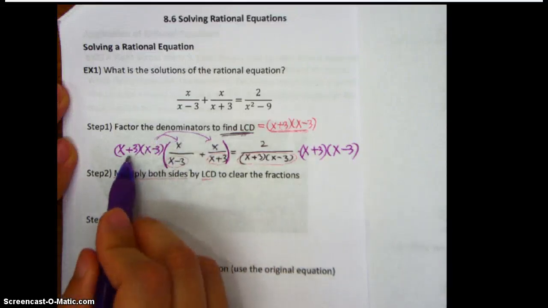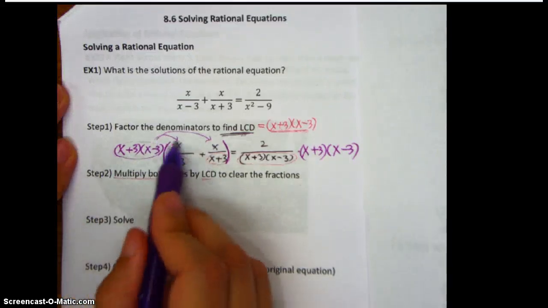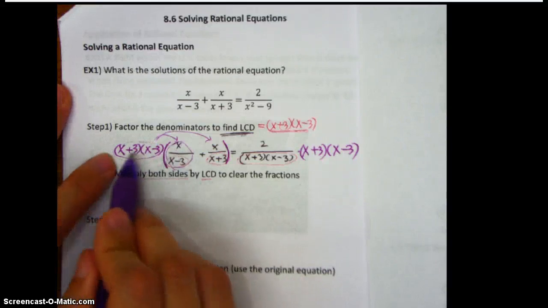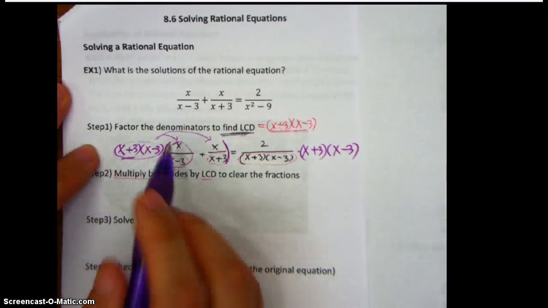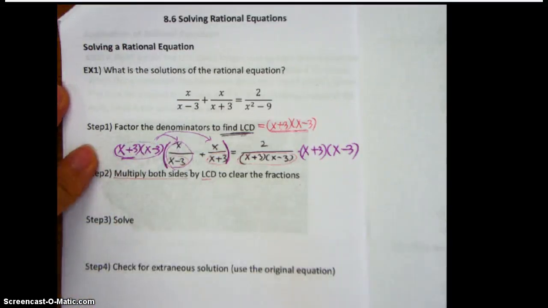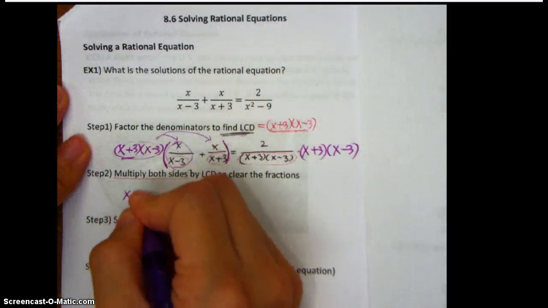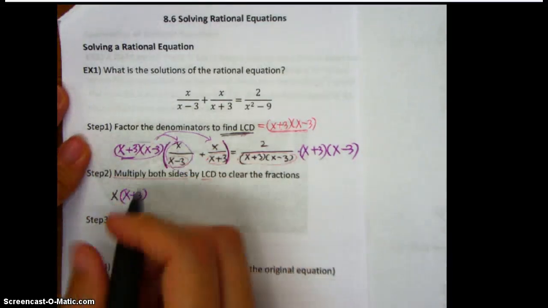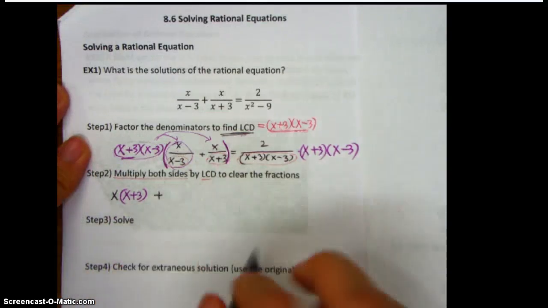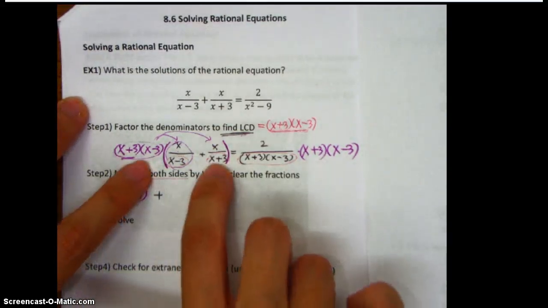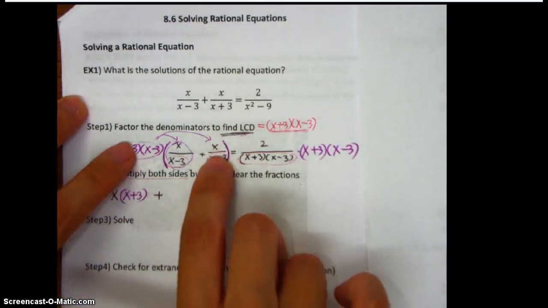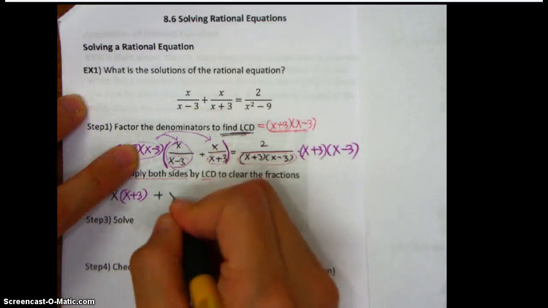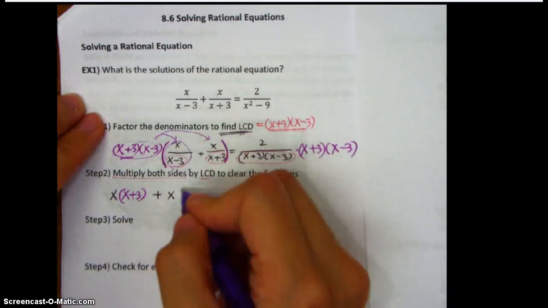This times that, and the x minus 3 will cancel out. You will only have x plus 3 and x, so I will just write x on the left side. Plus, if you multiply this by that, x plus 3 will cancel, so you will only have x and x minus 3.